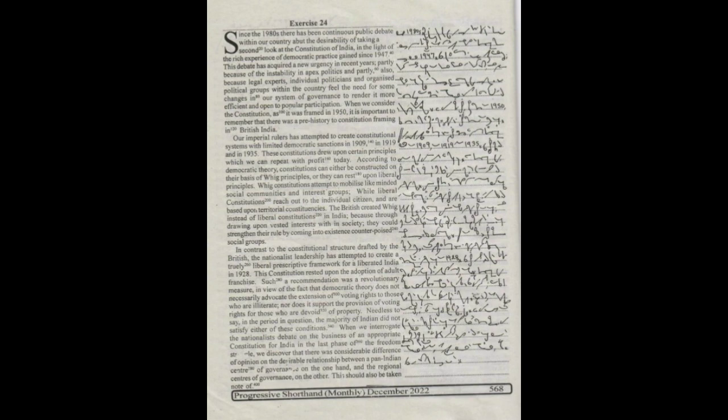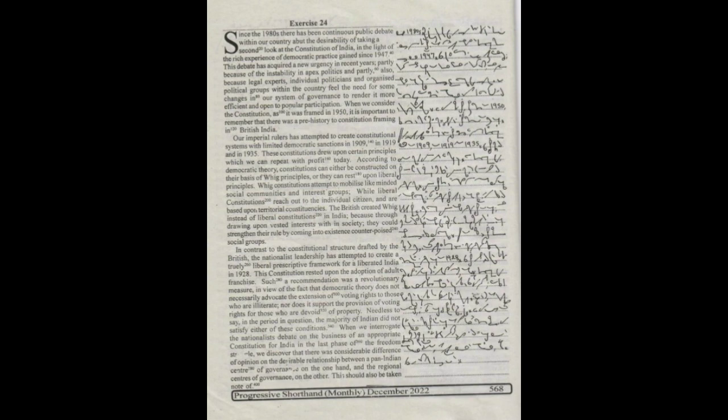The British created Whig instead of liberal constitutions in India because by drawing upon vested interests within society they could strengthen their rule by bringing into existence counterpoised social groups.